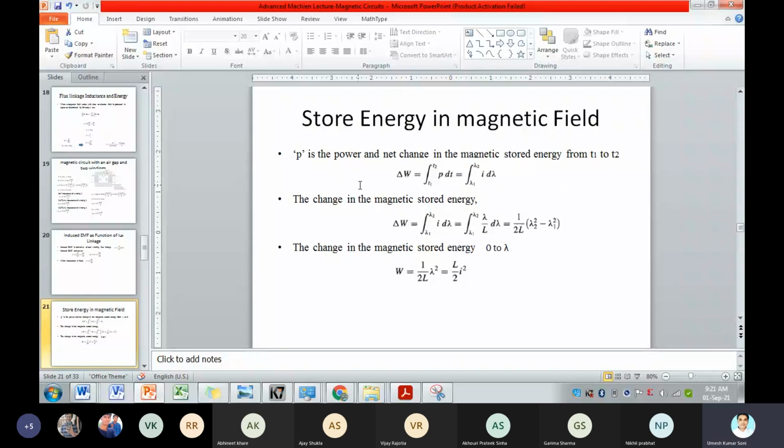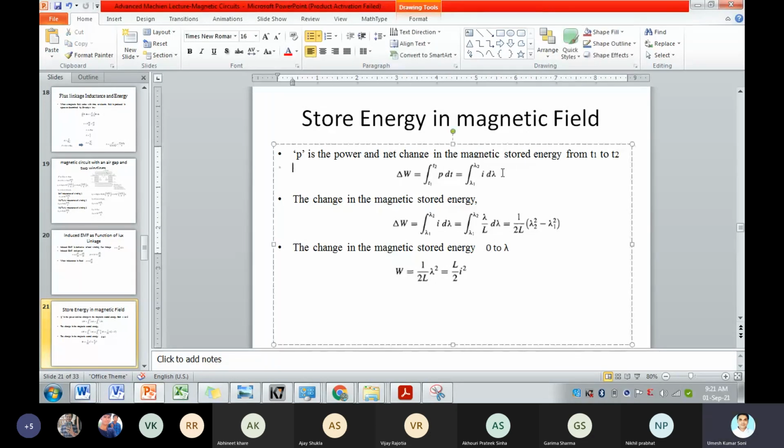If we are changing the power with time, then in that case the flux linkage is varied from lambda 1 to lambda 2. Okay, suppose we are changing the flux linkage in any winding with current I, then what will be the net magnetic energy stored in the inductor? That will be equal to the integral from lambda 1 to lambda 2 of I d lambda.